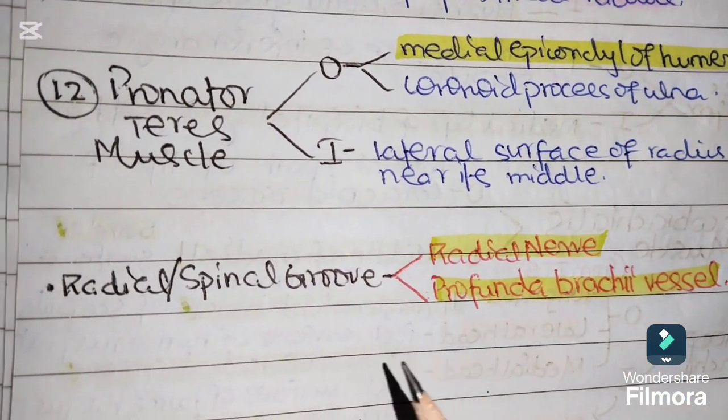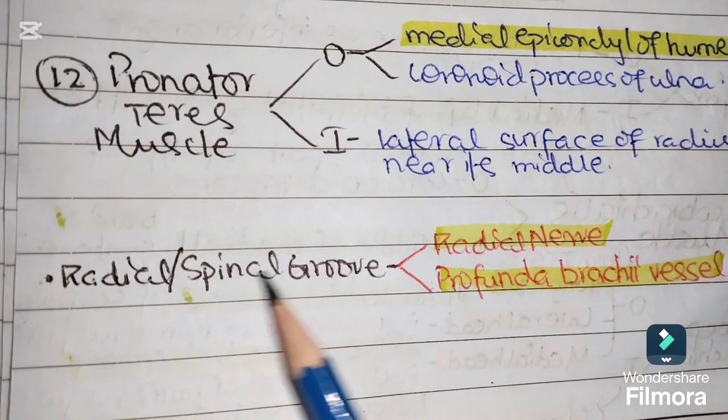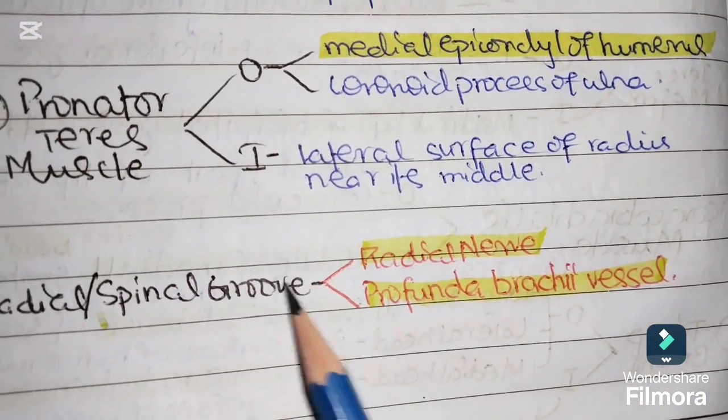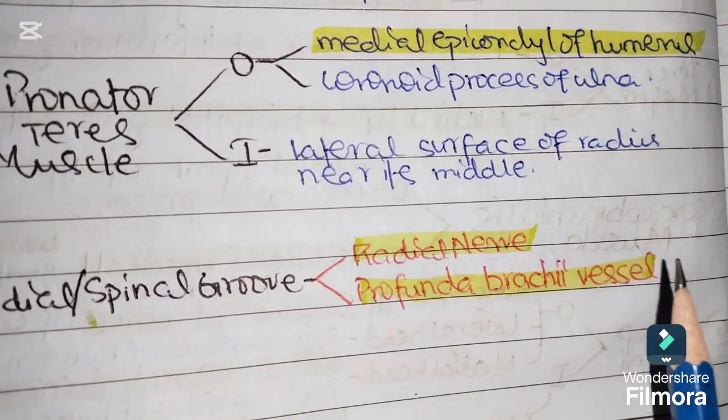It is usually asked in your exams to mention the contents of the radial or the spinal groove. So yeah, you must note that they are the radial nerve and the profunda brachii vessels.